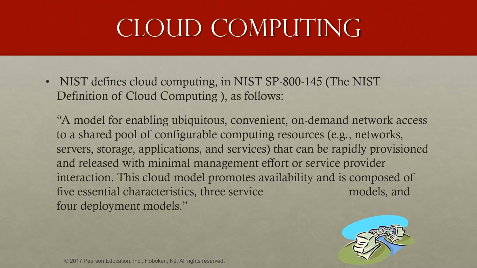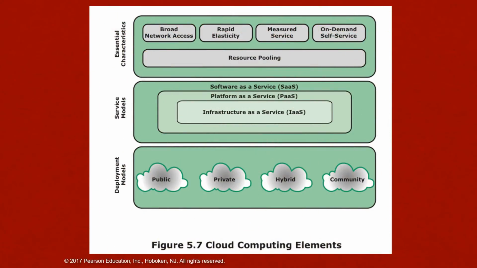This cloud model promotes availability and is composed of 5 essential characteristics, 3 service models, and 4 deployment models. The definition refers to various models and characteristics whose relationship is illustrated in the figure.